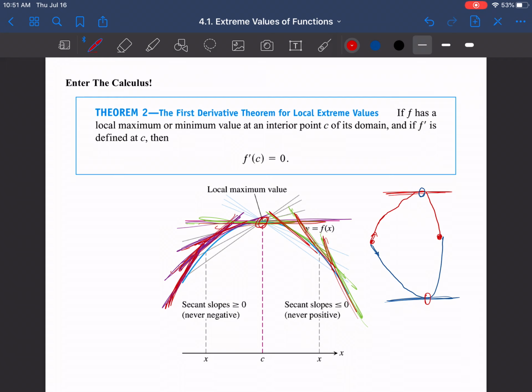So we had a change in sign on the slopes. Here we have positive slopes, here we have negative slopes. So the sign of the slope changed as we crossed that local maximum value. And it also would change if we crossed a local minimum value. Like if this was our minimum, negative slopes here, positive slopes on the other side.